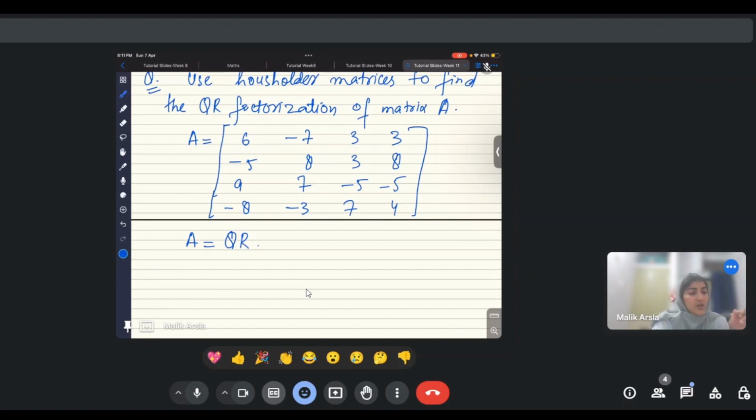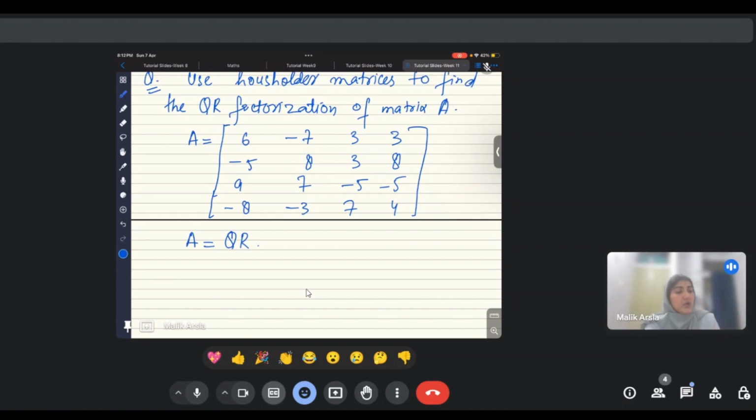What we do in this method is that when we formed the Householder matrix, we had a vector, and corresponding to that vector we calculated the Householder matrix.